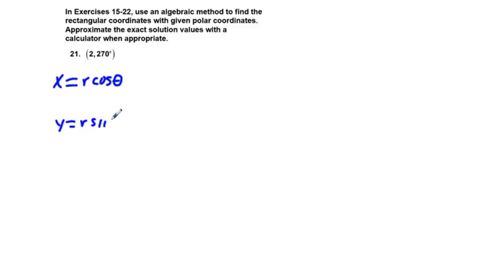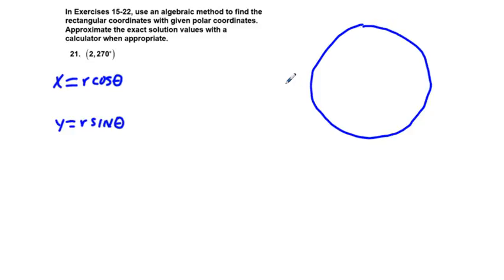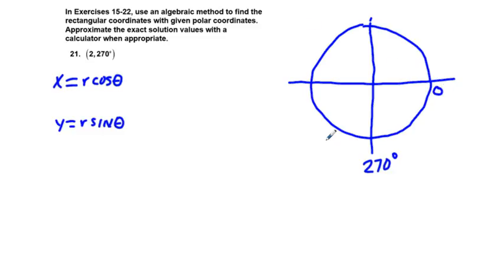They are the same. But in this case, we're given 270 degrees, which is in degrees and not in radians. Well, 270 degrees, let's take a look at where we are. Here's a circle, and 270 degrees is right down here at the bottom of our 360 degree circle, starting at 0, going around counterclockwise.